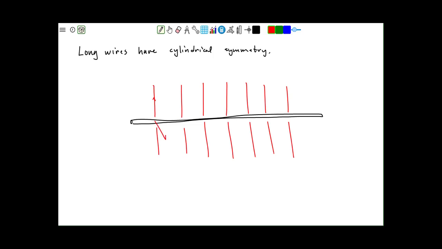Now, you might notice that I'm drawing the electric field lines more in the middle of this long line of charge, not so much at the end. The reason why is this long line of charge, even though it's long, has a finite length.